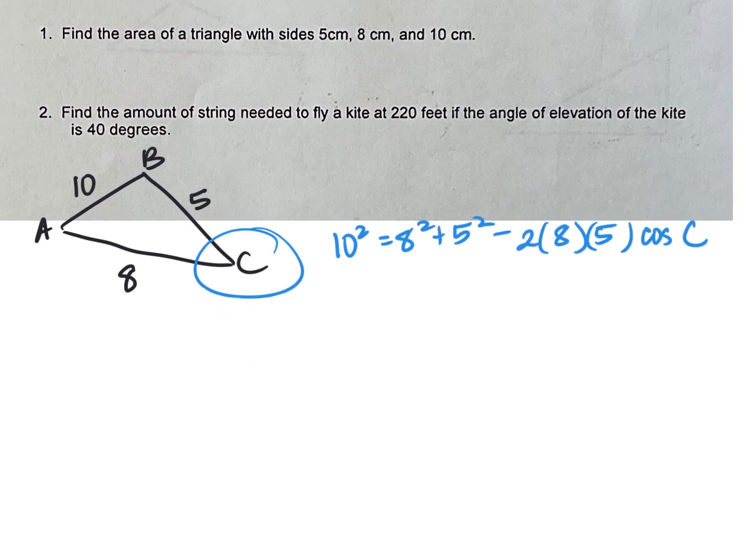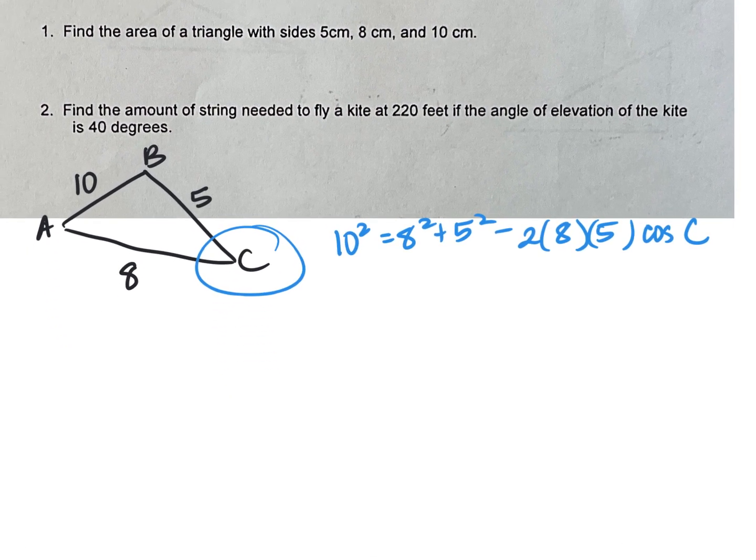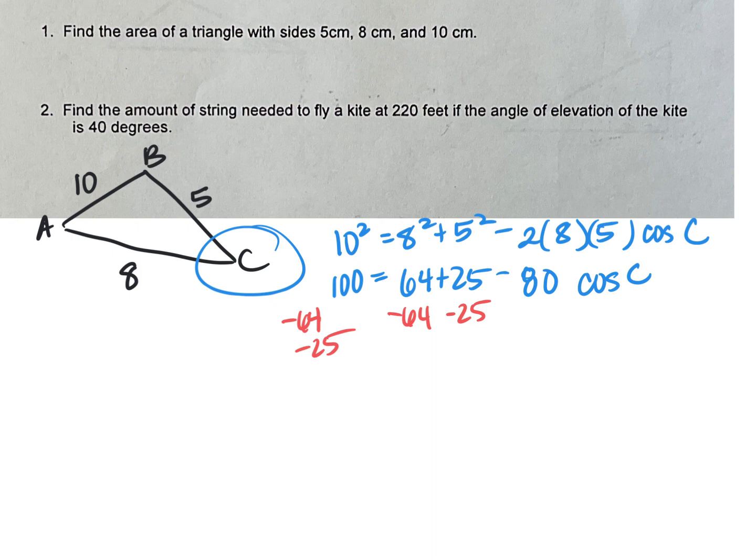We have things to type in our calculator. I personally got 100 here. I got 64. I got 25. People might be skipping steps from me, and that's totally fine. 2 times 8 times 5 is 80, cosine of C. Did anyone get an 11 before they divided?